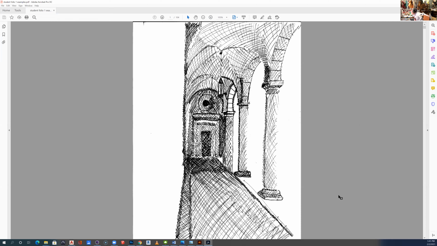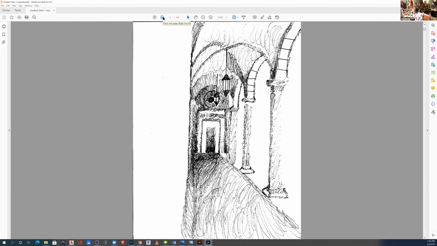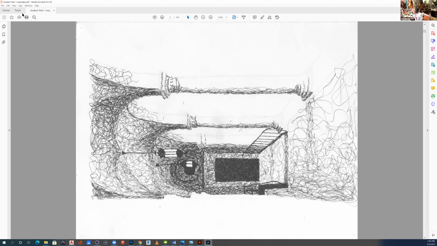So here's what some people did. You can see this is significantly abbreviated, right? You get really creative with the scribble.